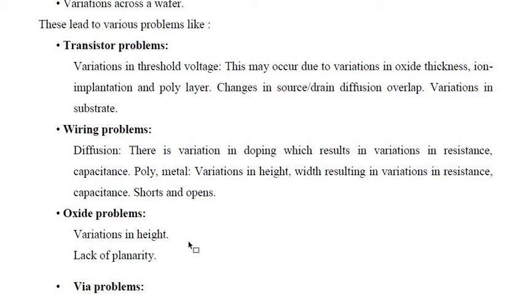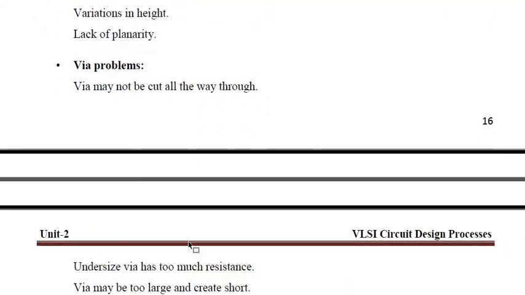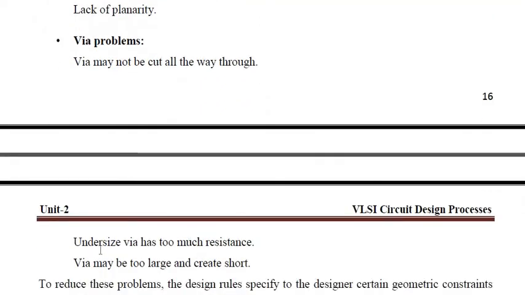If you do not give proper values for height and width, then you will get oxide problems. And the last one is via problems. Via problems are nothing but an undersized via, which affects resistance, or a via that may be too large and create a short circuit. So these are the problems that occur, and to remove all these problems, these design rules are specified.